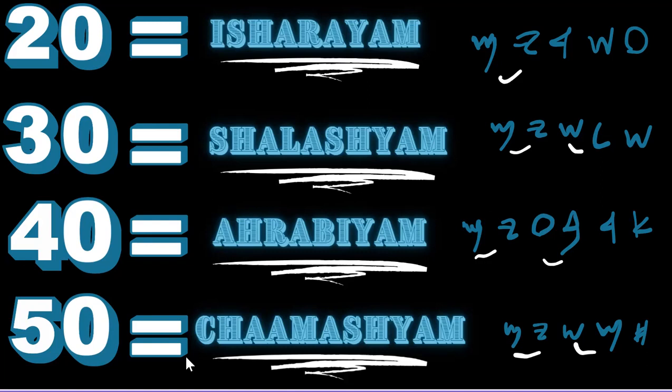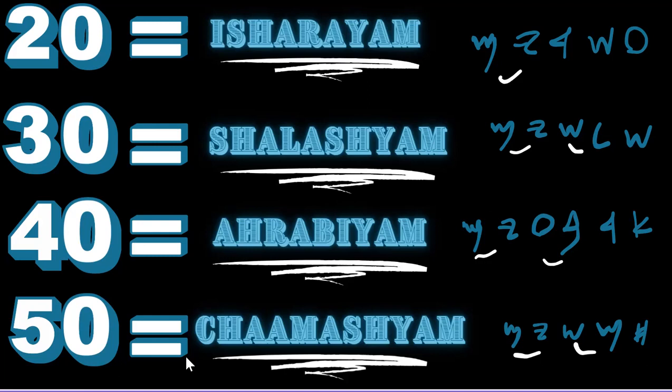Now when you go back up to Asharayim, if you want to say 21, because what is 1? When you go back to the previous lessons, 1 is Achat, and Asharayim is 20. So you will say Achat Asharayim. It's like saying 1 plus 20, which is 21. Then you have Shanya, which is 2. You can say Shanya Asharayim, which is 22. It's the same thing for 30.